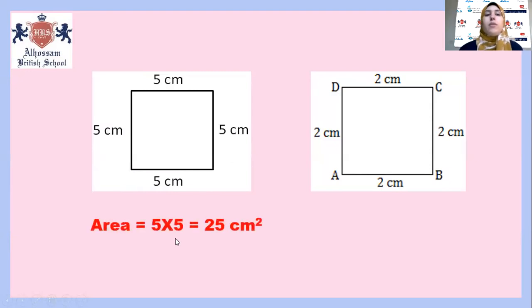Yes, so 5 multiplied by 5 will give you a 25 centimeter squared. Okay. Next one, 2 centimeters. So the area of the square equals 2 multiplied by 2 will be equal to 4 centimeter squared. Okay.